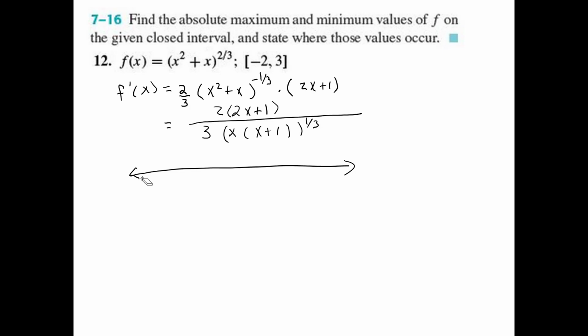What are the numbers that make the derivative 0 or undefined? To make it 0, we need to make this 2x plus 1 0, which will be -1/2. To make it undefined, we use 0. And then to make this 0, we need -1. So everything here is happening in between -1, -1/2, and 0. Okay.